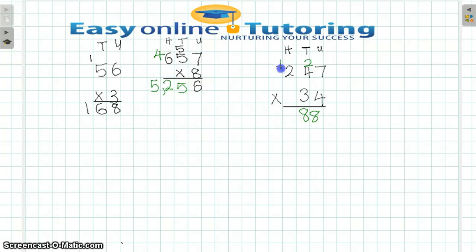We carry over 1 to the hundreds column. And we do 4 times 2, which is 8, and 1, which is 9.